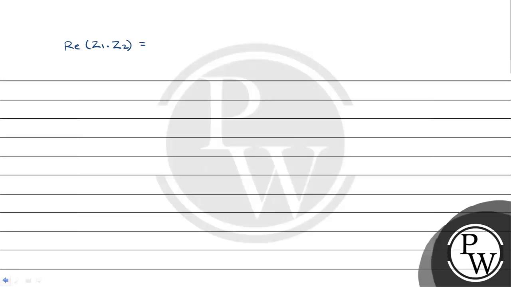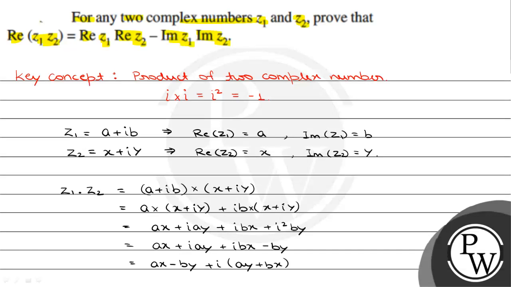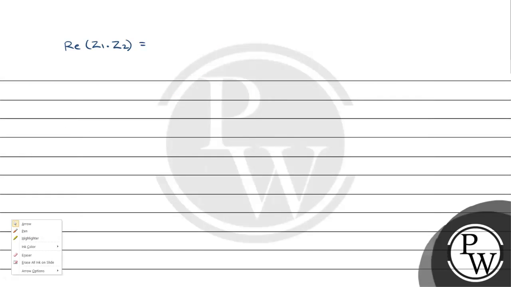So here if we look into the product, we can see that ax minus by is the real part. Ax minus by. So if we look here, a is what? a is the real part of z1.